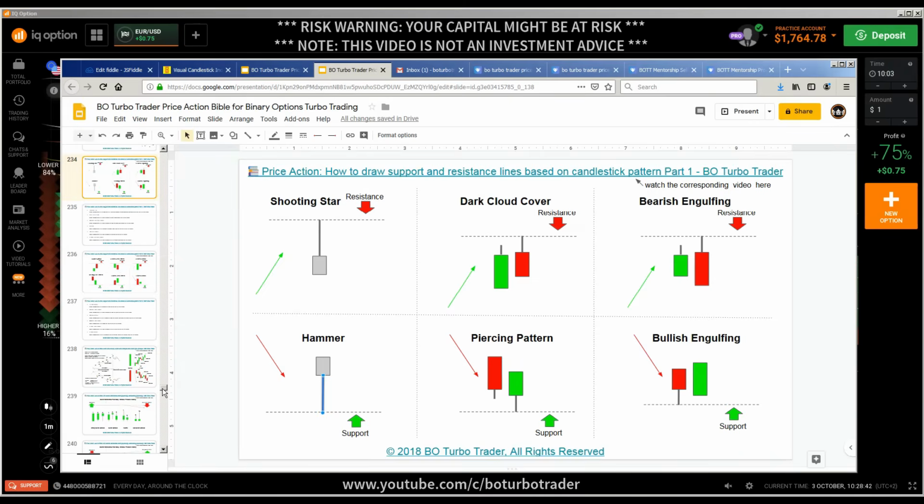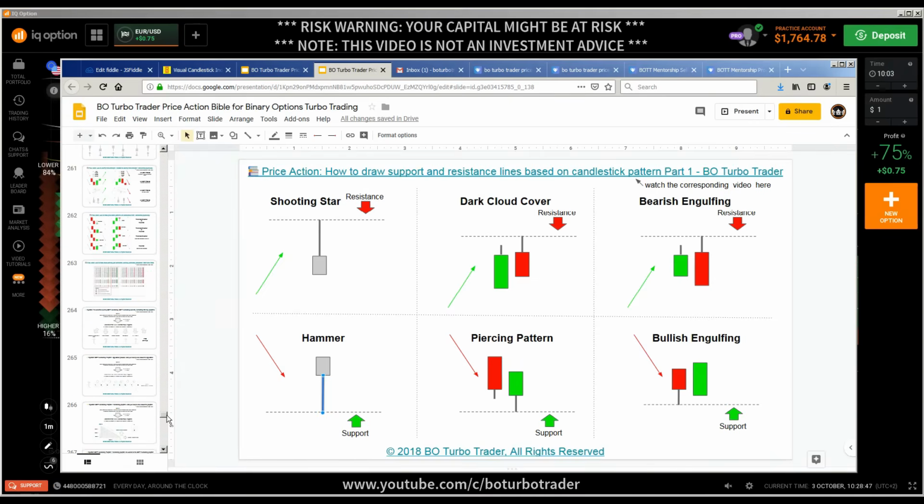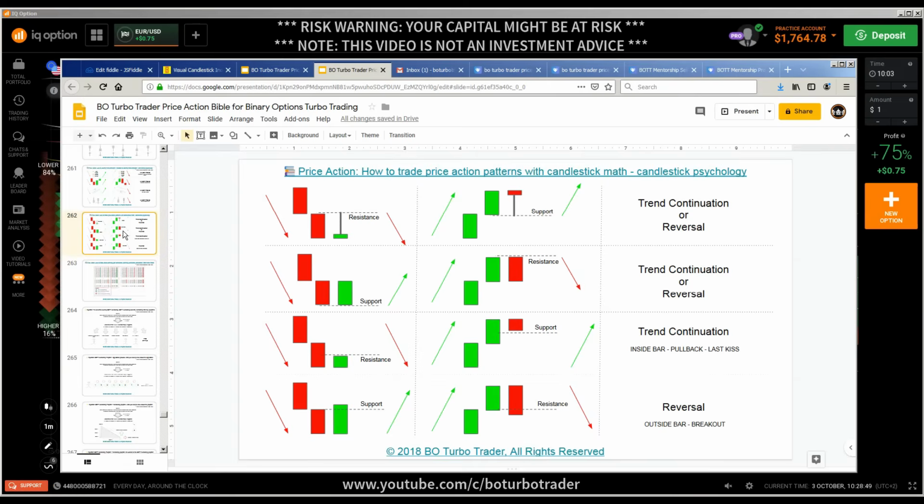Let me show you what I mean, because I want to educate you today on how to trade price action patterns. So we have a downtrend. We got this gravestone doji. Your trade should be, and that is where the magic is, in a strong downtrend, you have to do a put option on resistance.